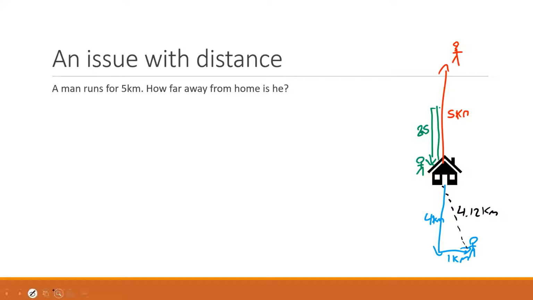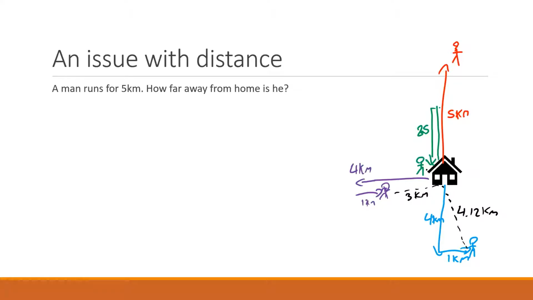So this person in blue is also not 5 kilometers away from the house. We could take another person. Let's take this person in purple. This person in purple runs 4 kilometers this way, and then runs back 1 kilometer. So when they finish, they are actually 3 kilometers away from the house.